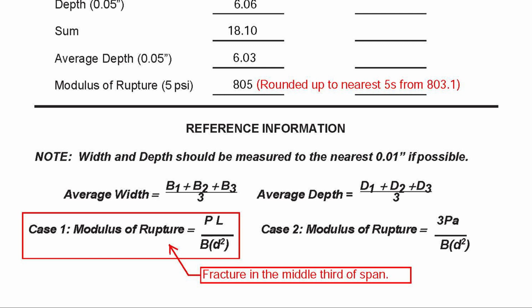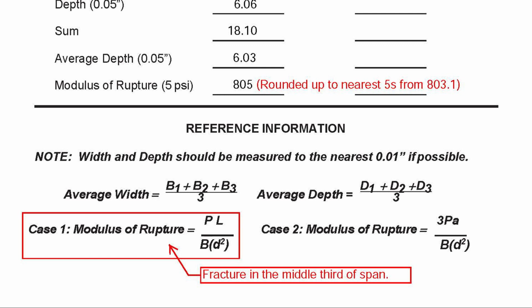So we multiply the load times the span length, divide it by the width, and then divide it by the square of the depth. You can either square it in advance, or you can go divided by 6.03, divided by 6.03. Doing that twice will also get you the calculation.